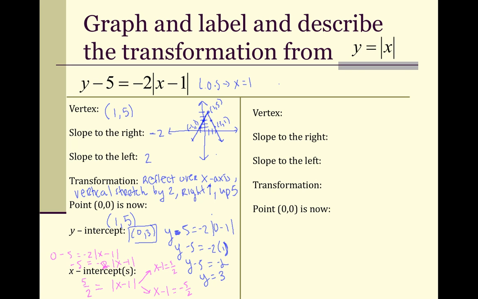Add 1 and I get 7 halves. So that's one of them. Add 1 as well over here, and I'm going to get negative 3 halves. So my 2 x-intercepts, I apologize, this got pretty messy for me, are (7/2, 0) and (-3/2, 0).